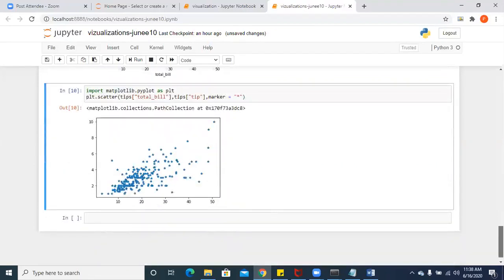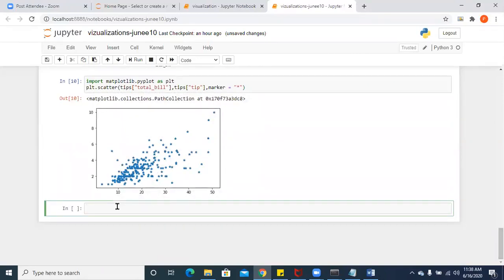Now let's see the line plot in Seaborn, and I would like to plot the graph between size and tip. I can write sns.lineplot with x equals size, y equals tip, data equals tips.